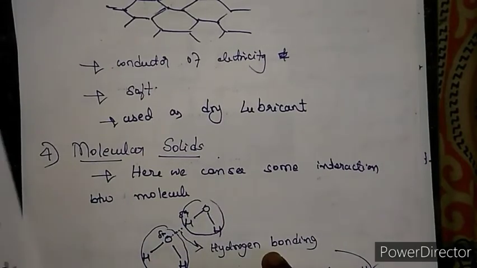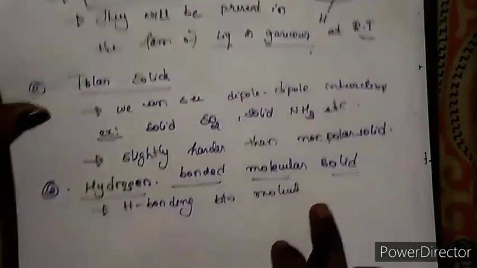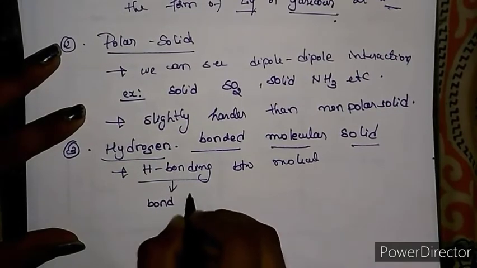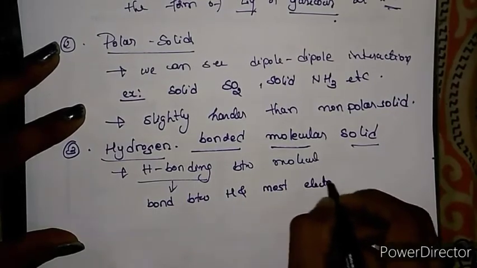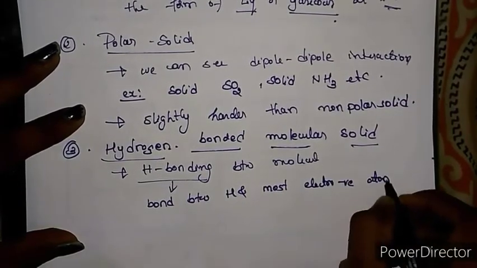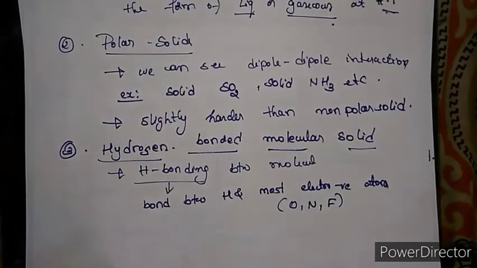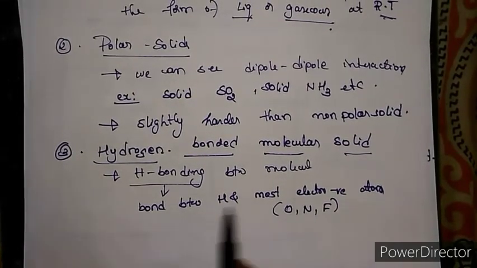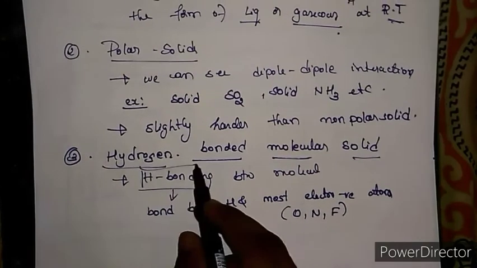If you see hydrogen bonding, then that is known as a hydrogen bonded molecular solid. What is hydrogen bonding? It is the bond between hydrogen and the most electronegative atoms, which may be oxygen, nitrogen and fluorine. A bond between hydrogen and oxygen, nitrogen or fluorine is known as hydrogen bonding.